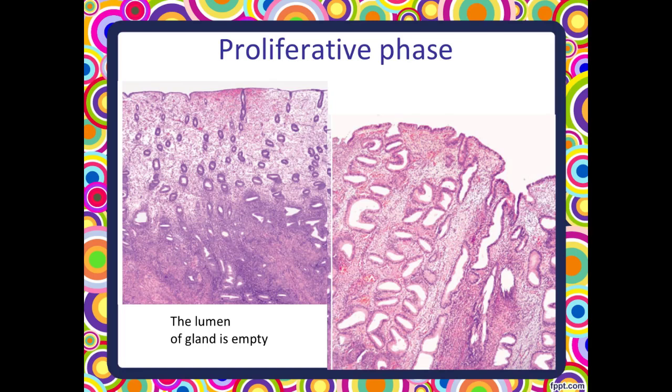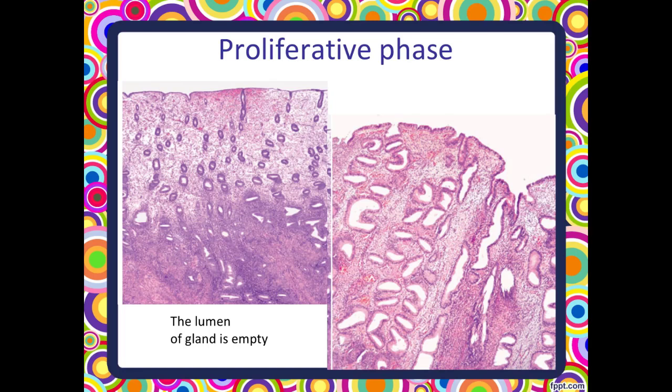So this stratum basale gives rise to the whole endometrium again, under the influence of estrogens in the follicular phase of ovarian cycle.